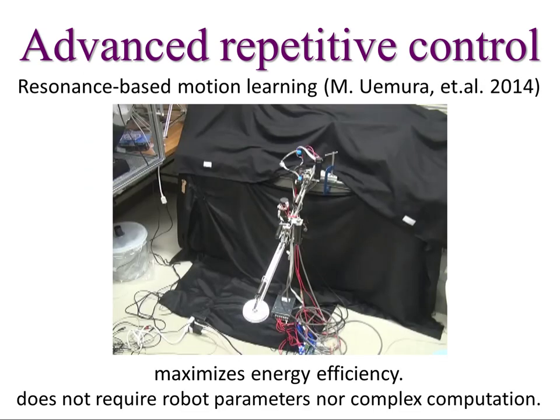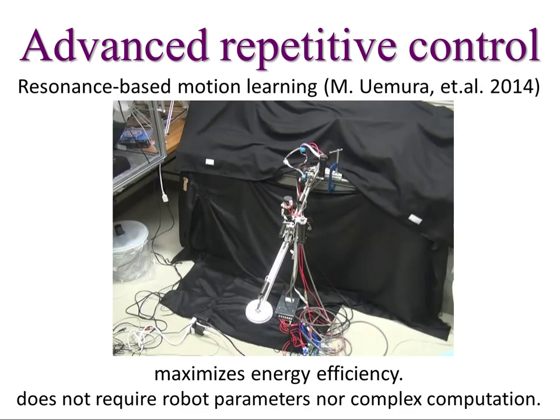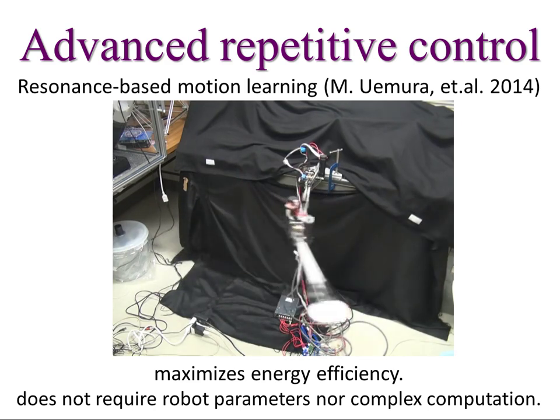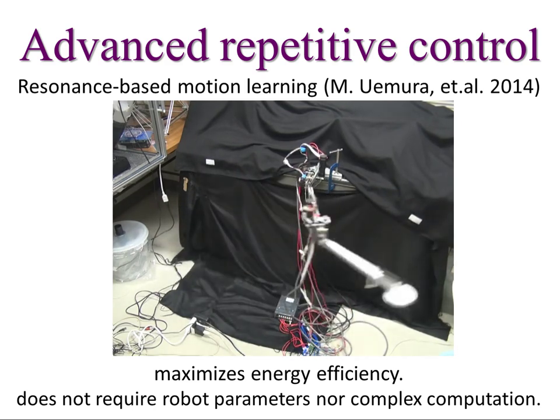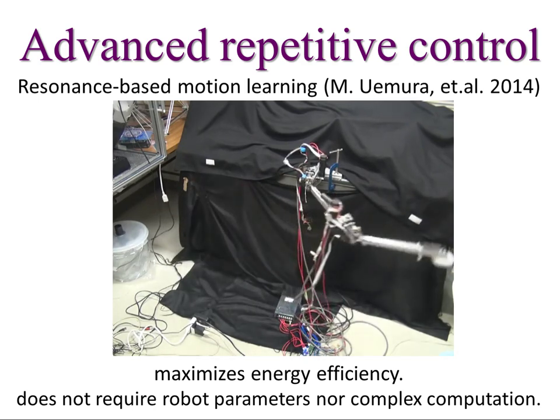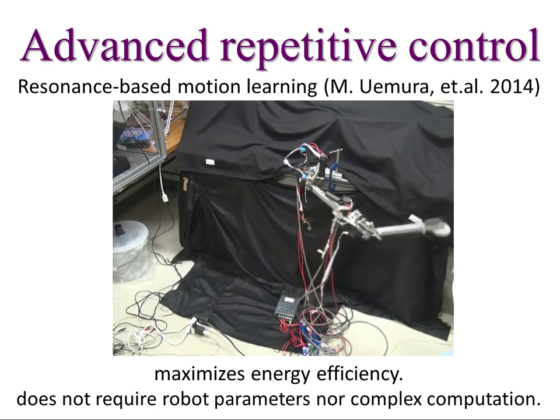The second advanced repetitive control method is an energy-saving control method that uses resonance. This control method was introduced in a previous class on passivity-based control.